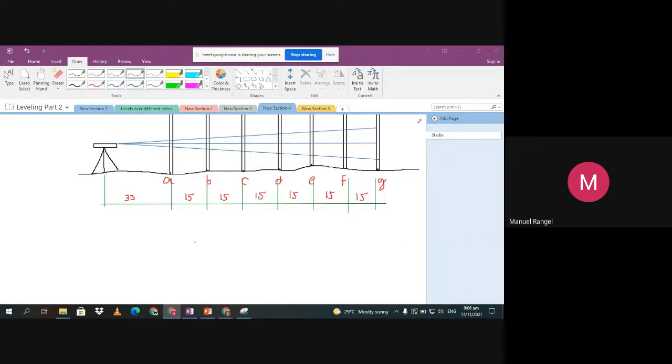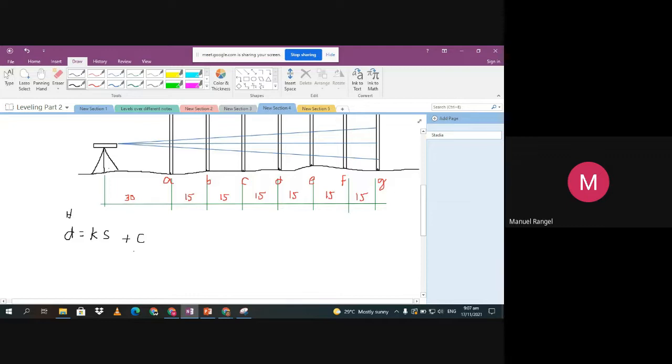Then we use the formula. Since it is horizontal, D is equal to Ks plus C, or H. Same as H. Or the horizontal distance equals the stadia interval factor times the stadia interval plus the stadia constant.